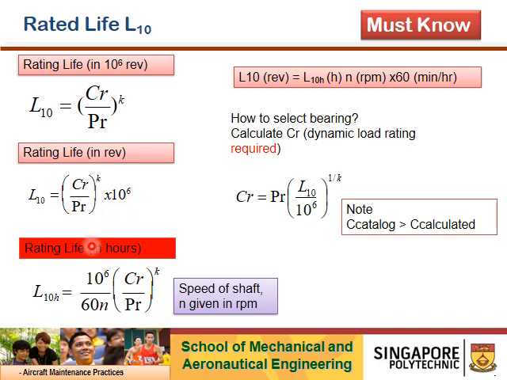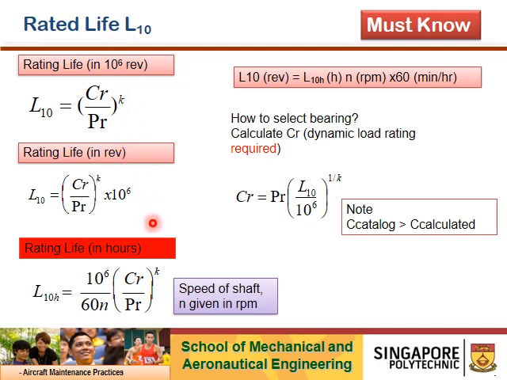Then if you remember, this is per revolution, 1 million revolutions failure, L10. So you see L10h is actually referring to the failure in terms of hours. Okay, remember your L10 rating life for a bearing can fail in terms of revolution, by 1 million revolutions it will fail, or in terms of operating hours. Right?